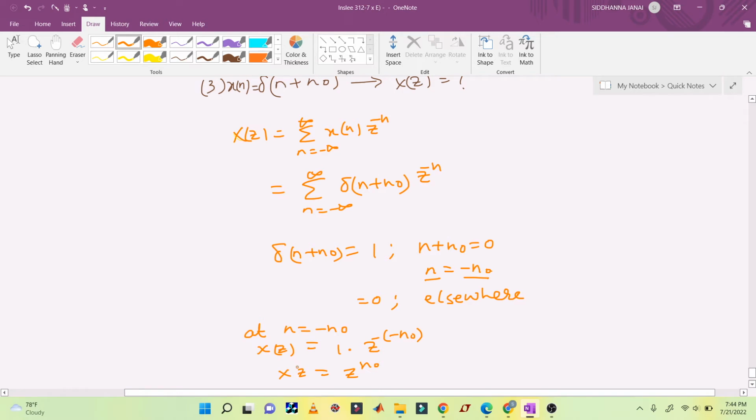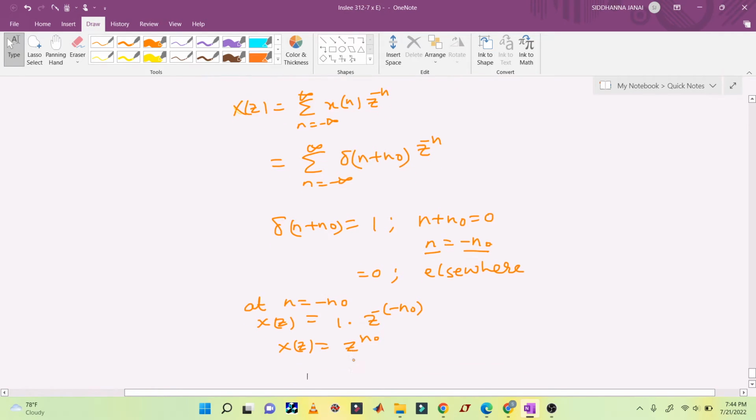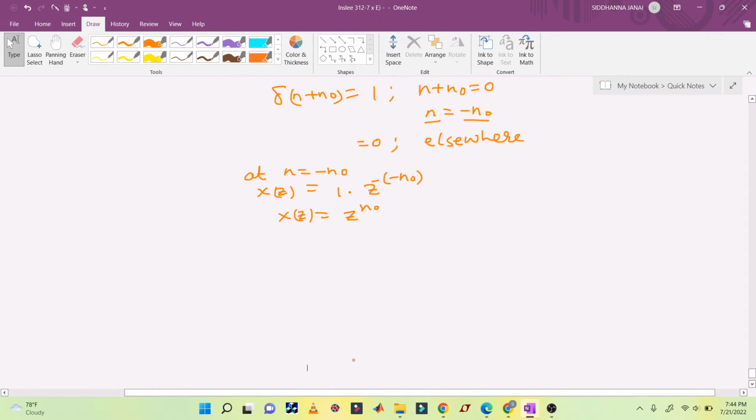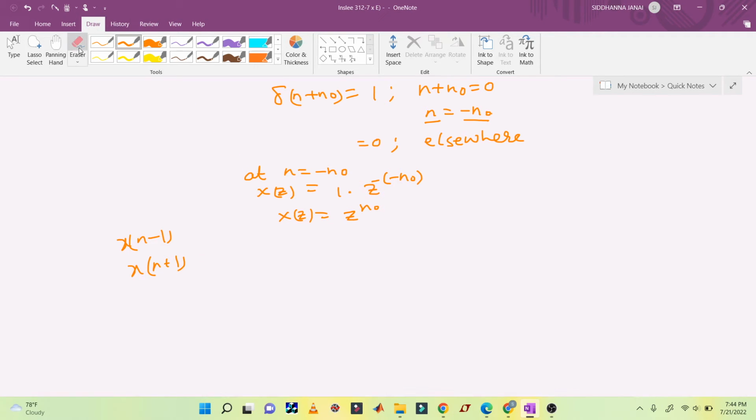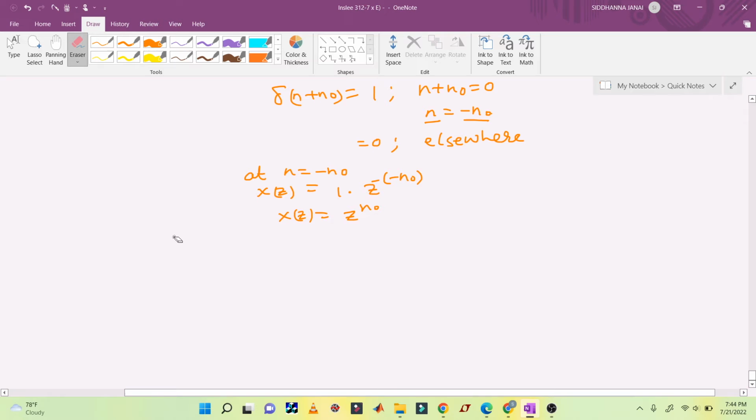So clearly you can observe a similar property we have used earlier also, that is x of n minus 1 or x of n plus 1. So for the delta function, if given is delta of n plus n naught, the z transform of this is z power n naught.